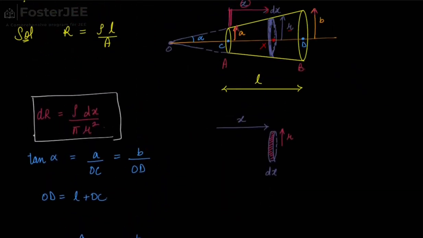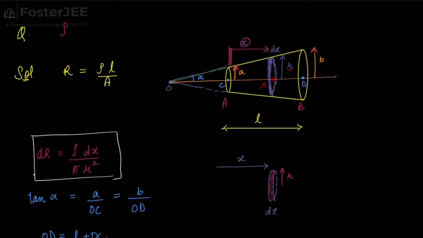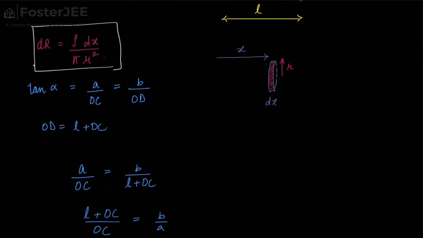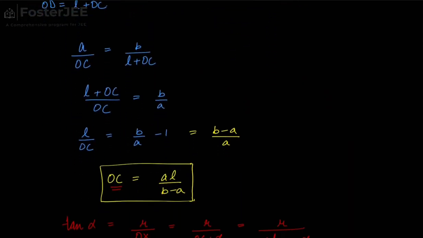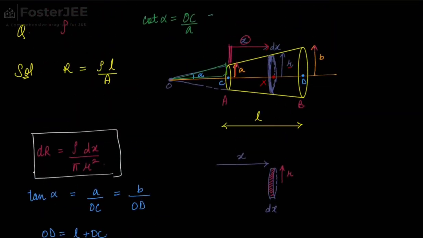So from this triangle we can write the value of cot alpha. The value of cot alpha will be base upon perpendicular, where base is OC and perpendicular is A. So OC upon A. What is OC now? OC is AL upon B minus A.